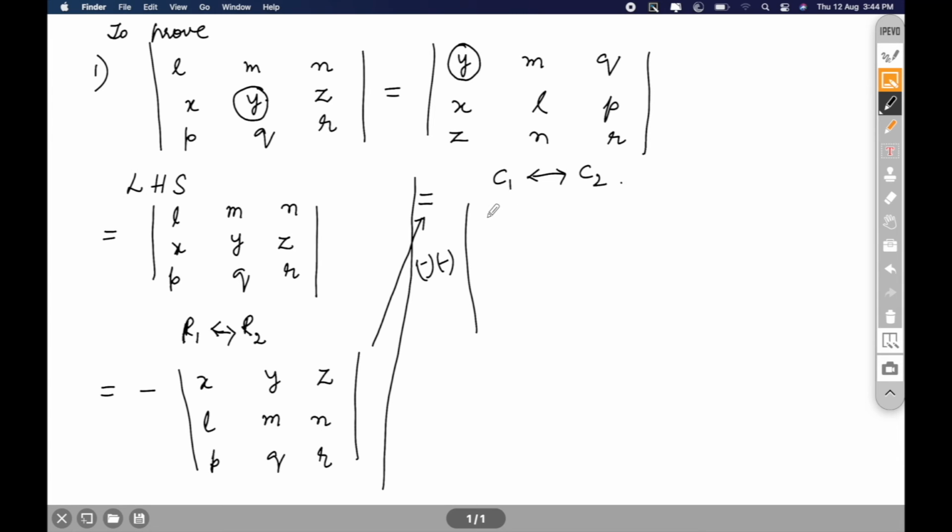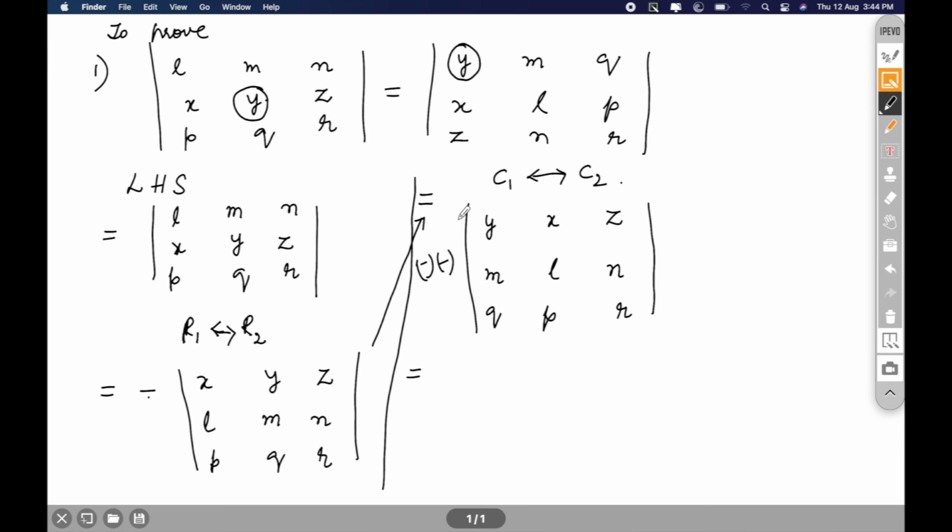We now have Y, M, Q, X, L, P, and the third column remains unaltered. You can see here we had a negative sign, another negative sign has come here, so minus into minus becomes plus, right?